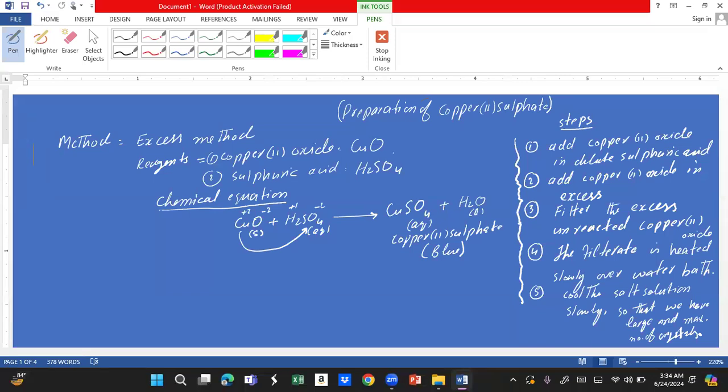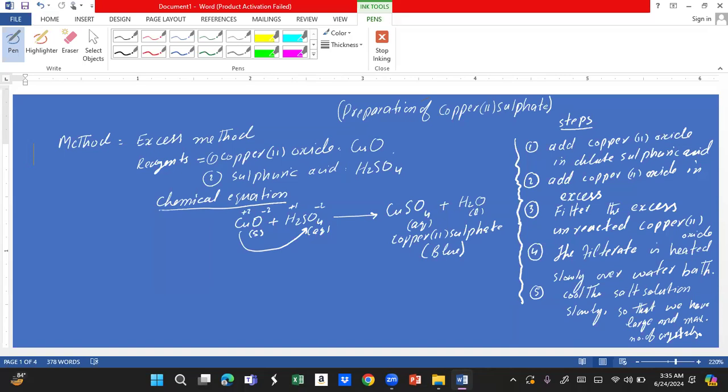Filter the excess unreacted copper(II) oxide so that we have a filtrate containing copper(II) sulfate. Whatever is left on the filter paper is known as residue. It will be thrown away.